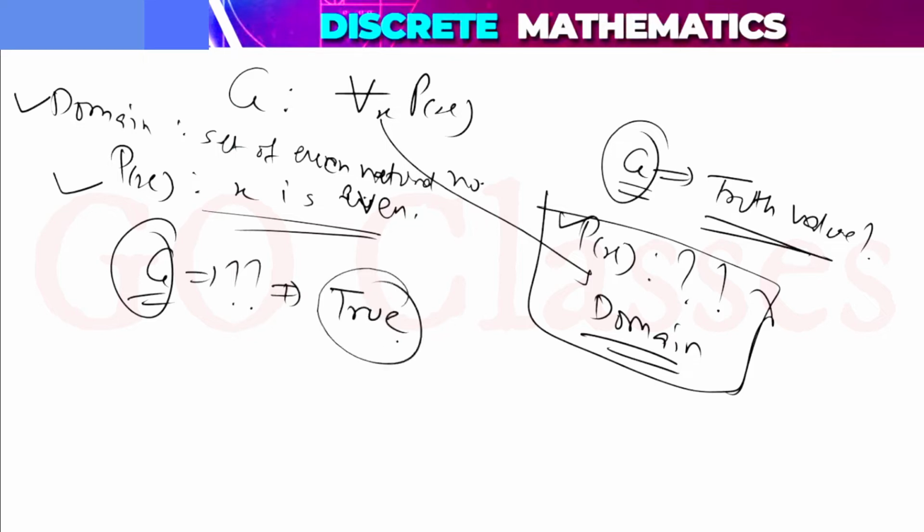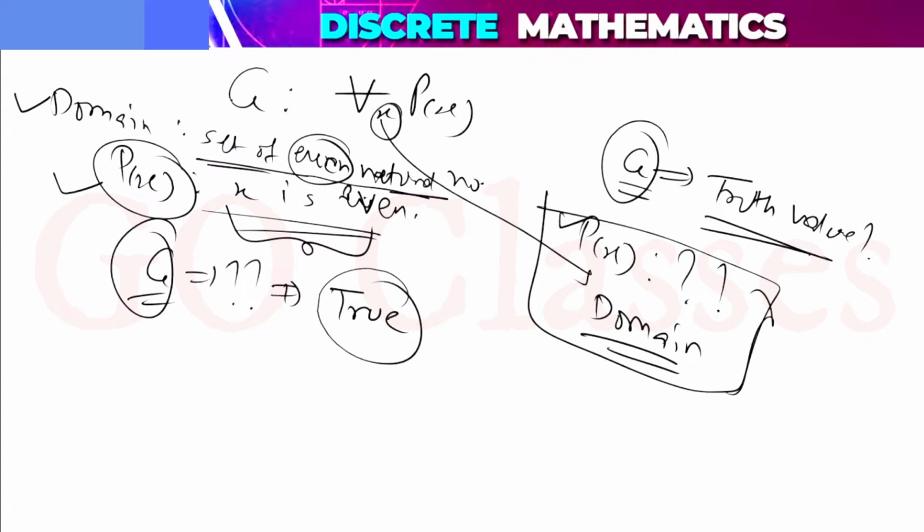This is true because x can take any even natural number, and for every value of x in the domain, P(x) is true. P(x) says x is even, and yes, for every even number P(x) is true.